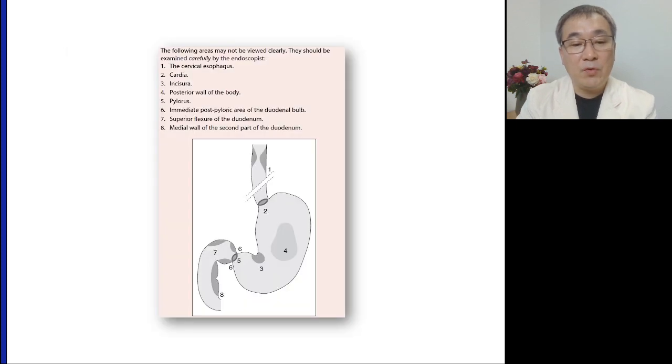There are a few important blind areas in the stomach. In order to observe the whole stomach without blind area, initial endoscopy training is very important.